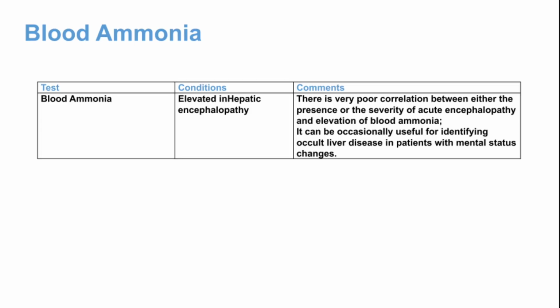If somebody has altered behavior and you see blood ammonia is elevated, then there is a high possibility of liver injury and hepatic encephalopathy. When it is elevated, we can diagnose it as hepatic encephalopathy, but the level will not correlate with the severity.